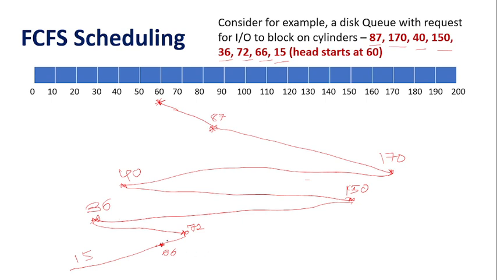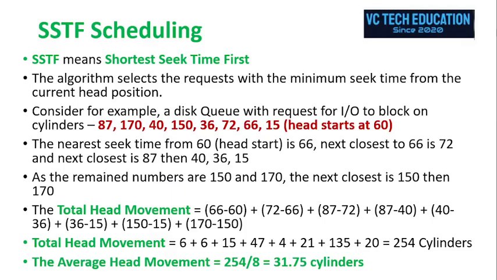The head moves from 60 to 87, 87 to 170, 170 to 40, 40 to 150, 150 to 36, 36 to 72, 72 to 66, 66 to 15. So this is all about first come first serve disk scheduling.